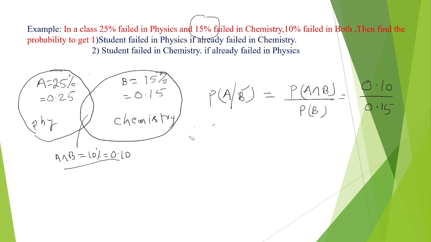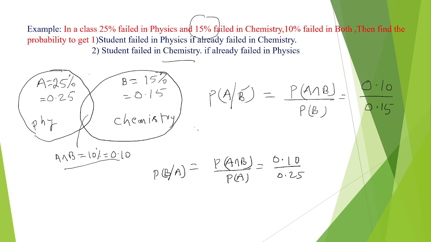And next, he is asking the student failed in chemistry. P of B, the student failed in chemistry, if already failed in physics, is equal to P of A intersection B by P of A. That is, the common probability is 0.10 divided by the already failed in physics, that is 0.25.